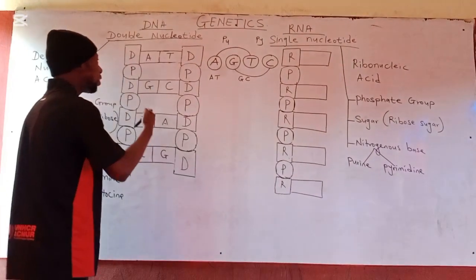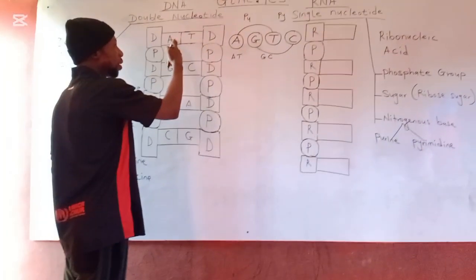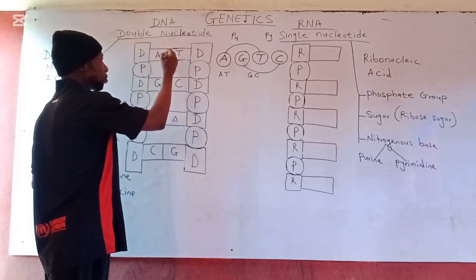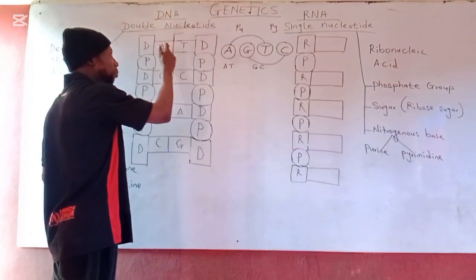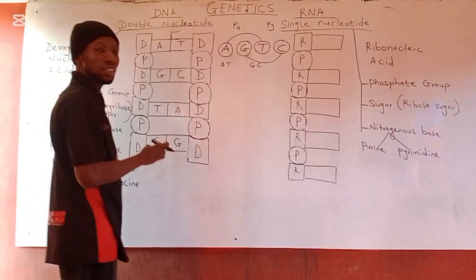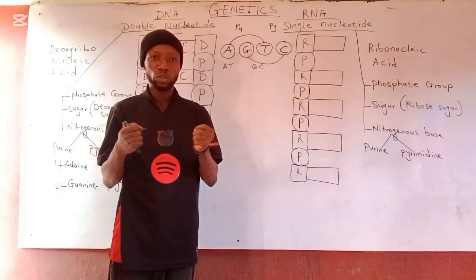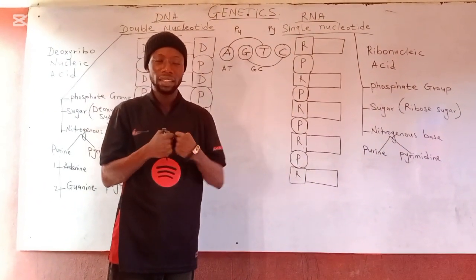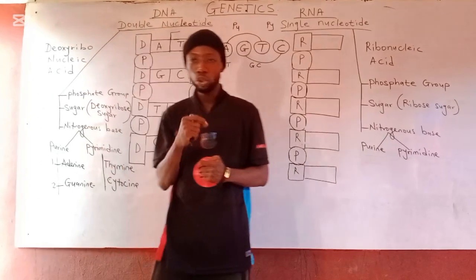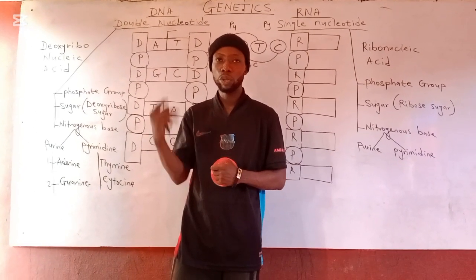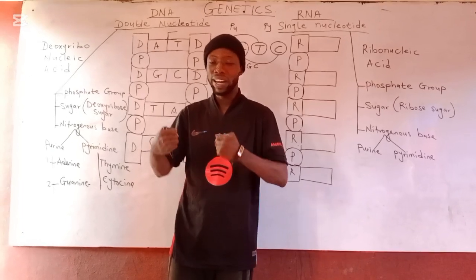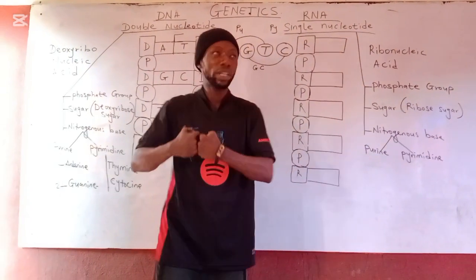Now, these purines pairing with pyrimidines, we have bonds that bind them together. There are bonds that bind the nitrogenous base pairs together. Take note, the nitrogenous bases of DNA are known as base pairs because of the double nucleotide, and we have the bond that binds them together.